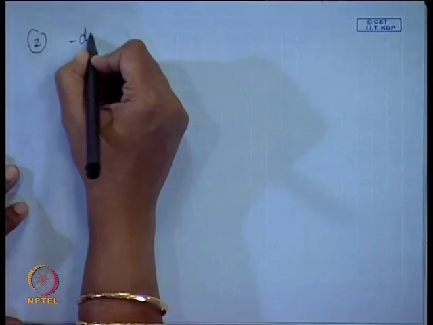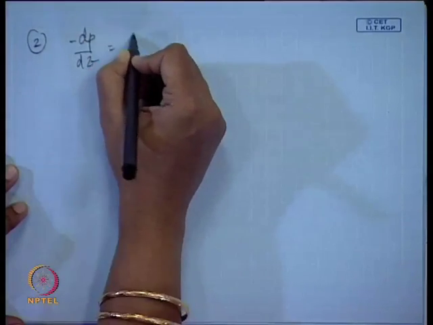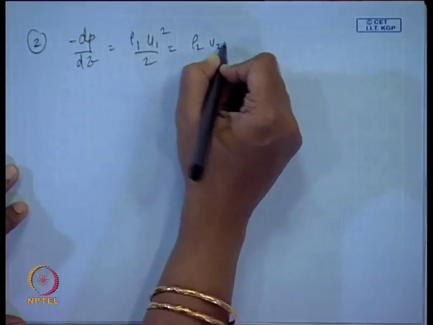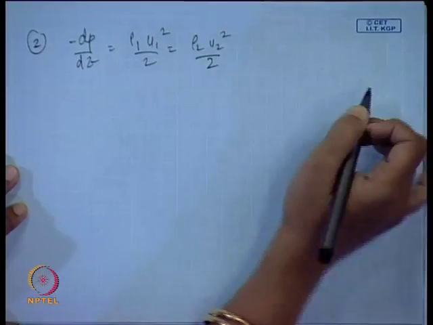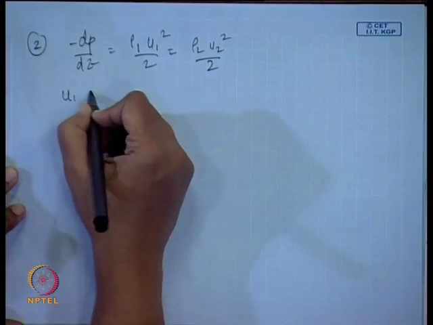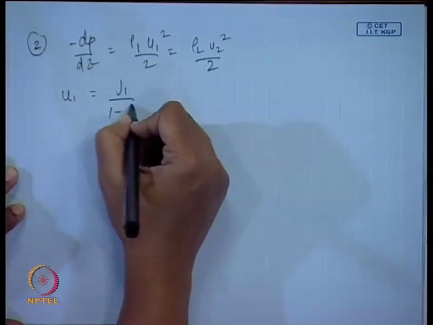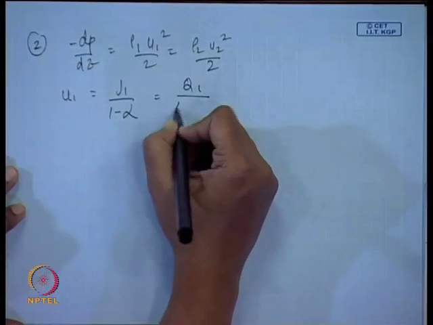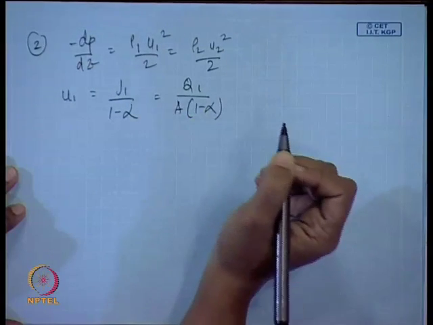The equation was minus dP dz, rho 1 U1 square by 2 equals rho 2 U2 square by 2, isn't it? In this particular case, we know U1 equals J1 by 1 minus alpha, agreed. This is nothing but Q1 by A into 1 minus alpha.